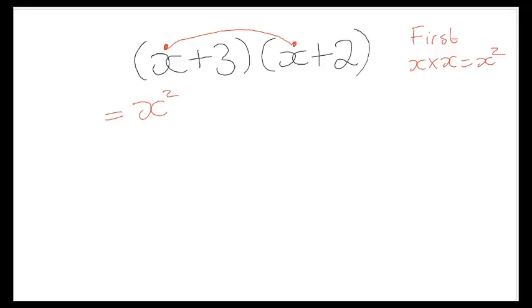Then I have outer in my FOIL. Now imagine that you're thinking about two eyes. Yeah, I've got two eyes. In our eye, these two sections closest to your ears represent the outer side.